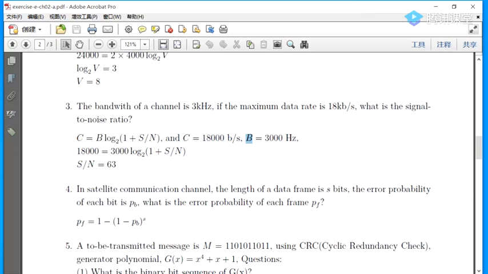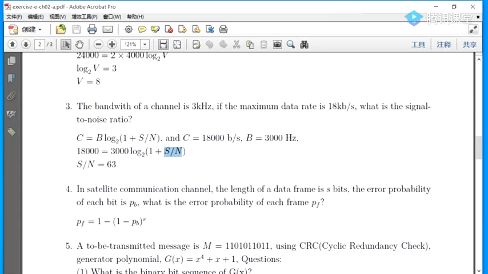So log 2 of 1 plus S over N should be 6, so the value in the brackets should be 64.